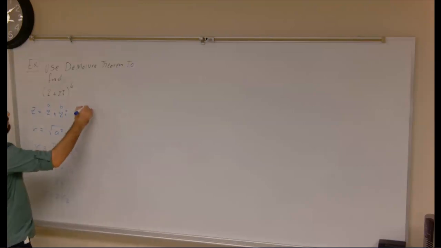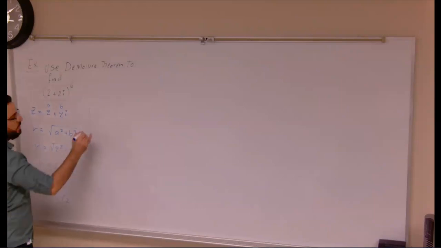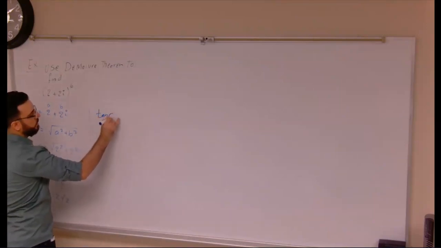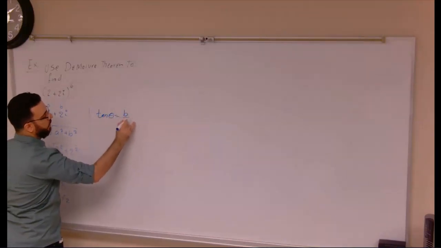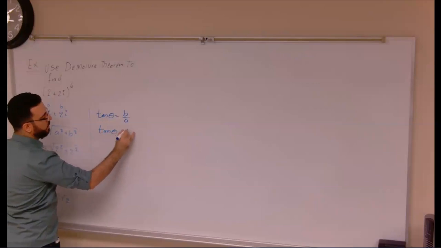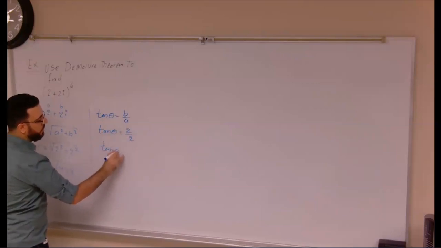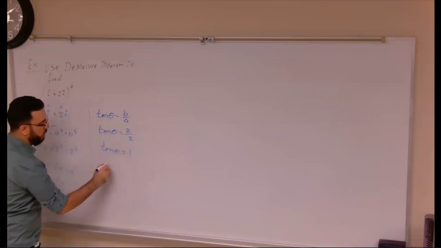Next step, I need to find what? Theta. Tangent theta equal b over a. Tangent theta equal 2 over 2, so tangent theta equal 1. So how much is theta?